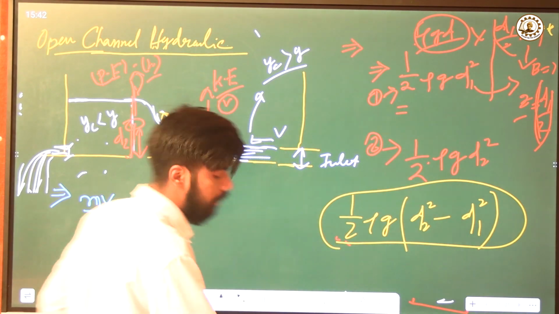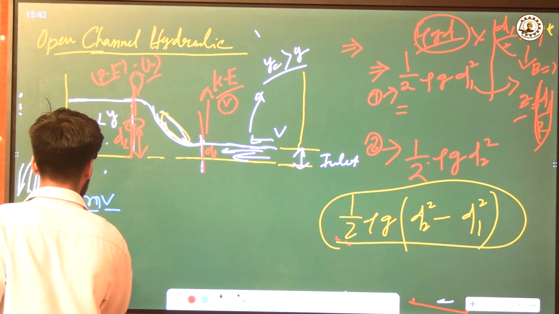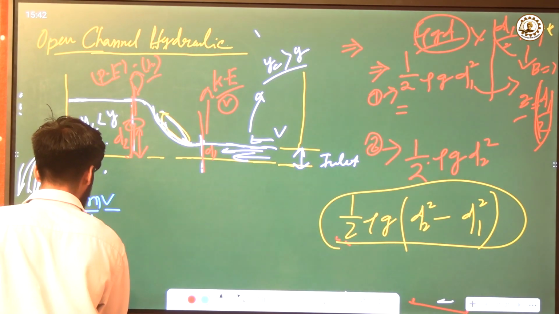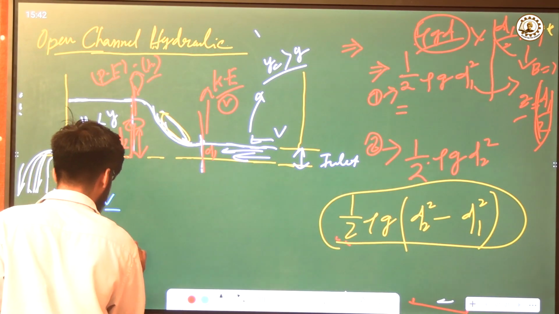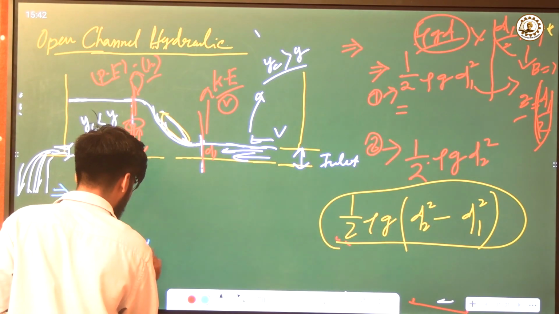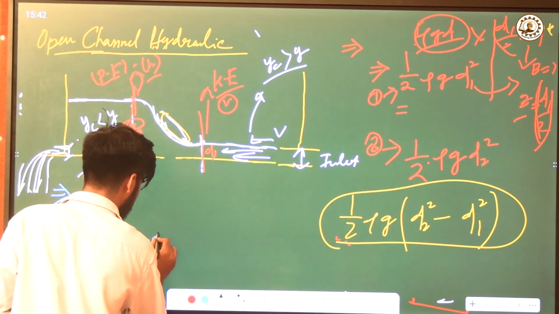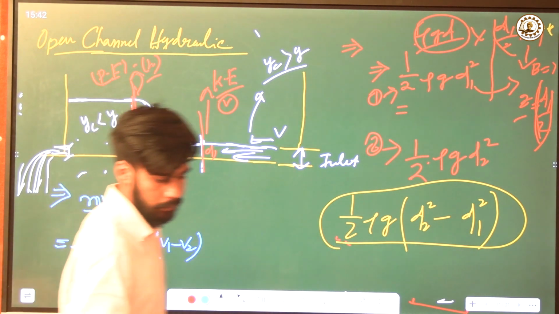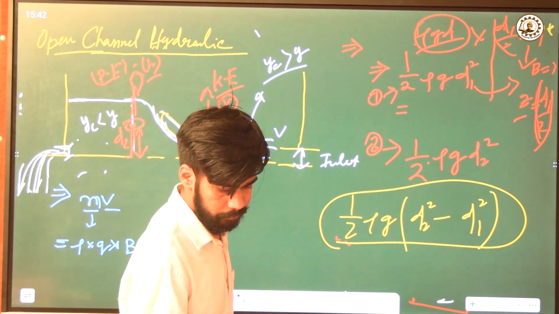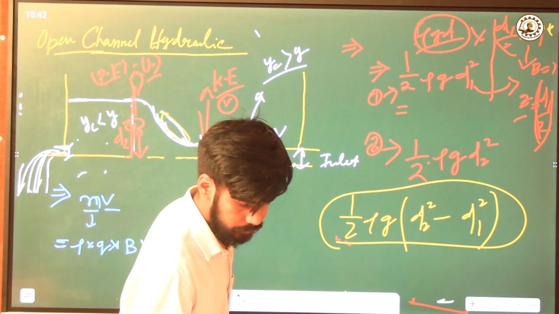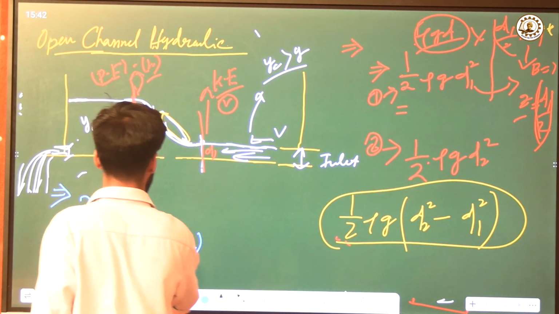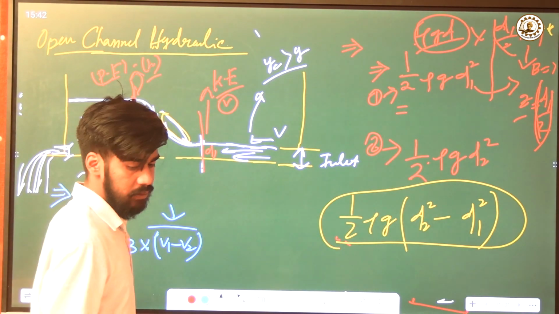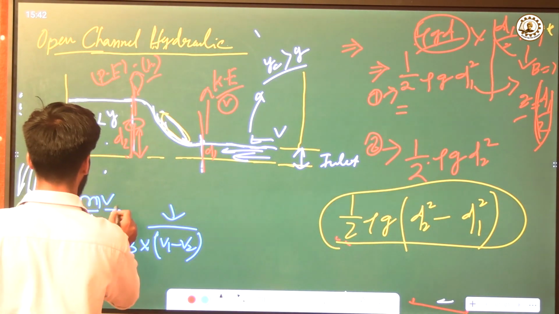So we can have the value of m as rho into the discharge per unit width, into the velocity change, V1 minus V2. So that is the change of momentum.